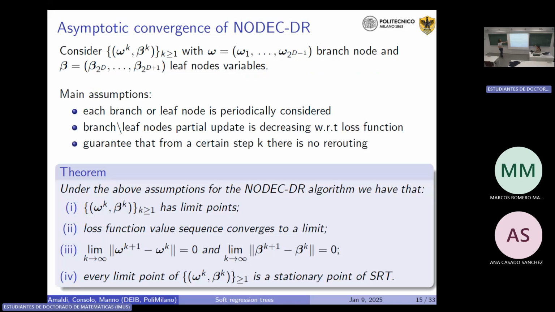And also that from a certain iteration, you will stop reassigning data points. Under these mild assumptions, you can guarantee that the sequence of omega and beta generated by the algorithm has a limit point. The loss function value sequence converges to a limit, and every limit point of this sequence is a stationary point for the tree. Of course, it's a local optimum, not global, but we cannot have any guarantee of globality.